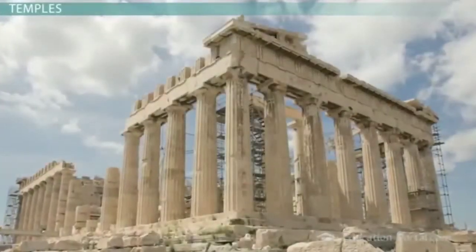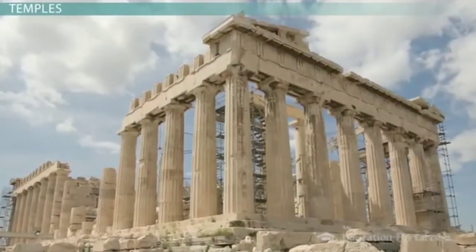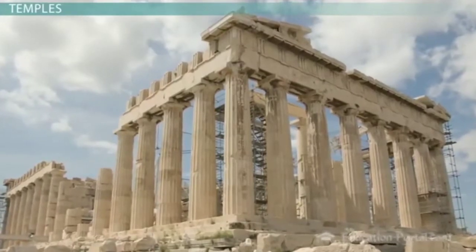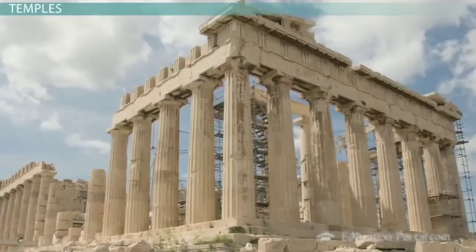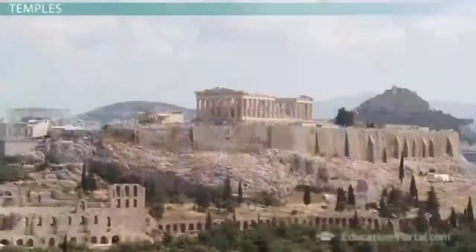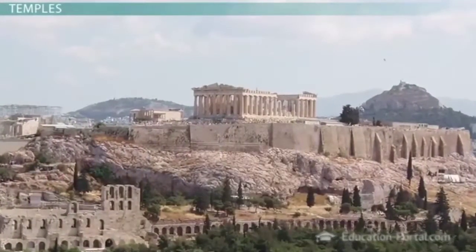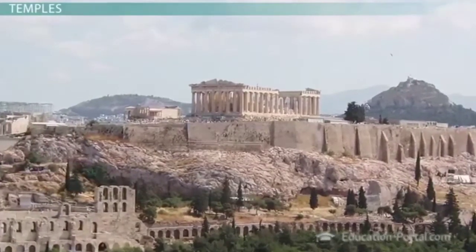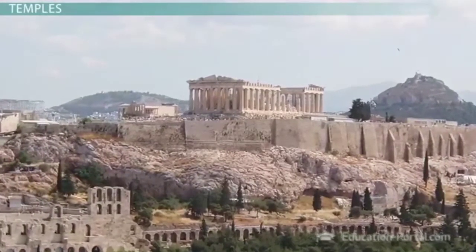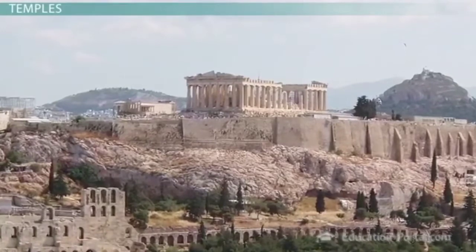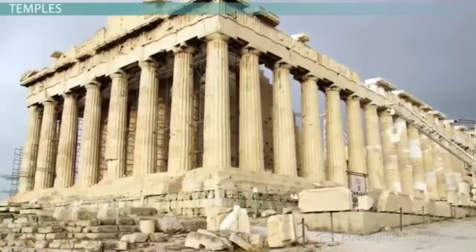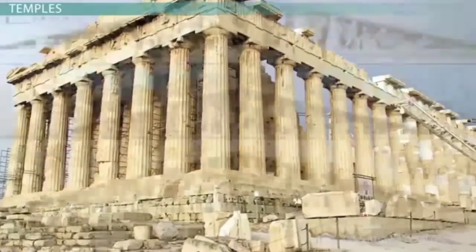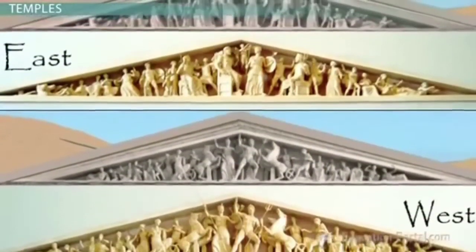Perhaps the most famous Greek temple is the Parthenon. The Athenians began building this temple to Athena in 447 BCE and did not complete it until 15 years later. Like all Greek city-states, the Athenians built their most impressive temples atop the highest point in town, called the Acropolis, literally high city. The Parthenon had all the elements of a Greek temple: the columns and entablature, the pediment full of sculptures.